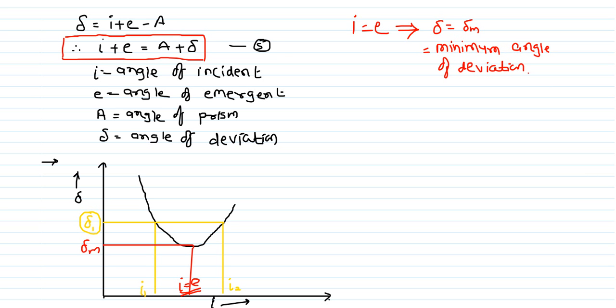It is known as what? Minimum angle of deviation. So when I is equal to E, delta is equal to delta m, that is known as minimum angle of deviation. Right friends?